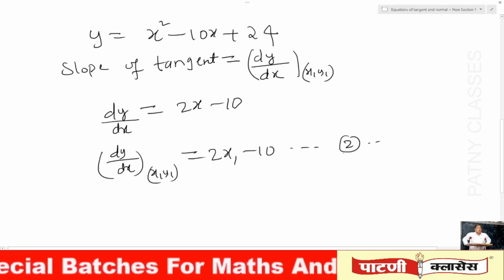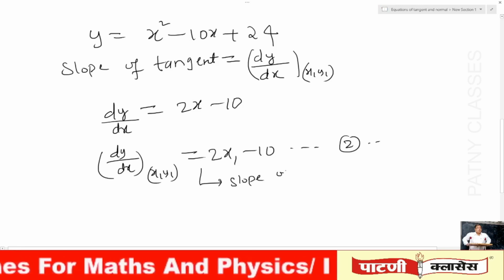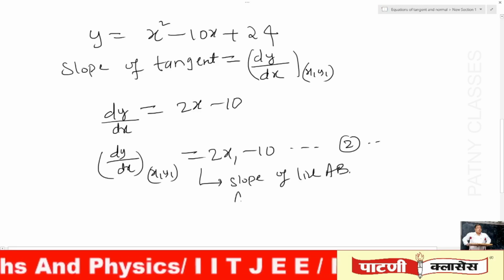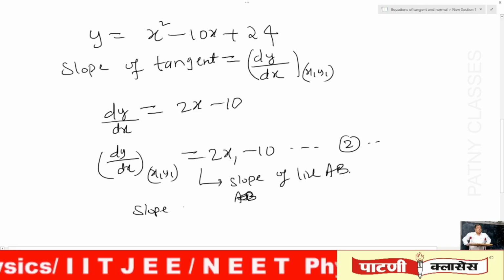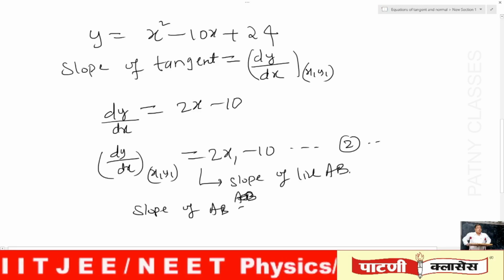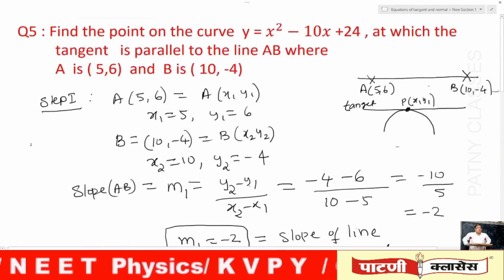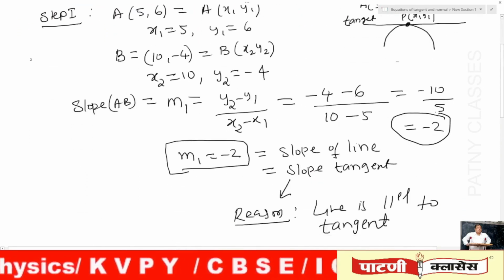This is equal to the slope of line AB. Already we have the slope of AB, that is equal to minus 2.